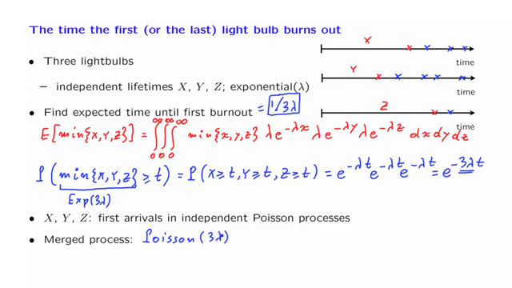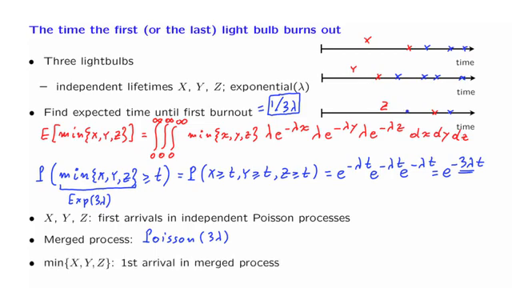Now, how can we interpret the random variable of interest, the first burnout time, in terms of the merged process? The merged process has an arrival whenever one of those three processes has an arrival. The first arrival in the merged process will happen the first time that one of these three processes is going to have an arrival.